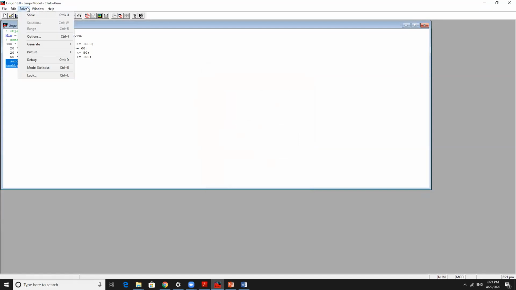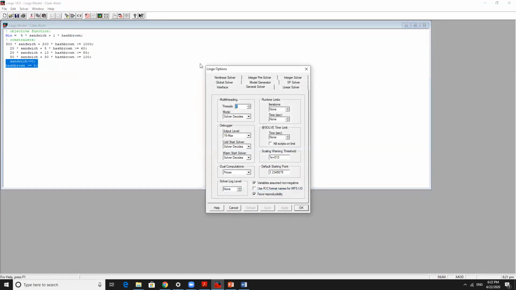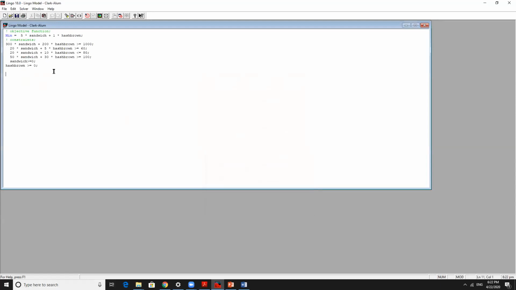I went to solver, options, then the general solver tab. Then I click on variables assumed to be non-negative and I hit OK. If I do that, I can exclude these 2 constraints because in the options, I already said my variables are not negative. Any questions?